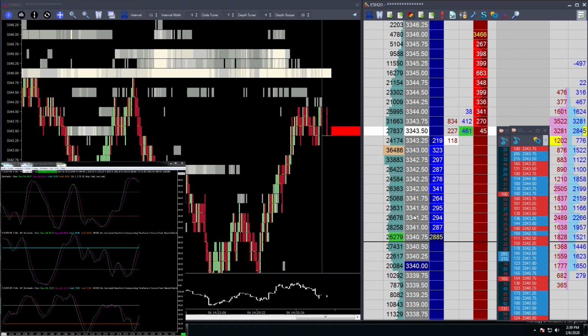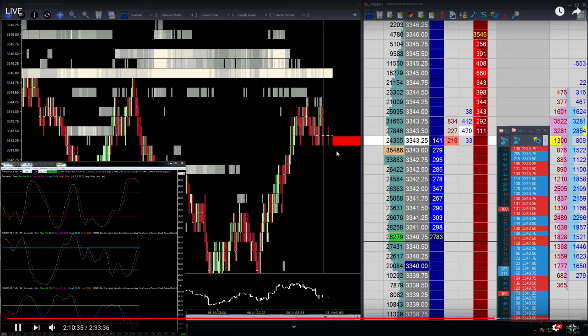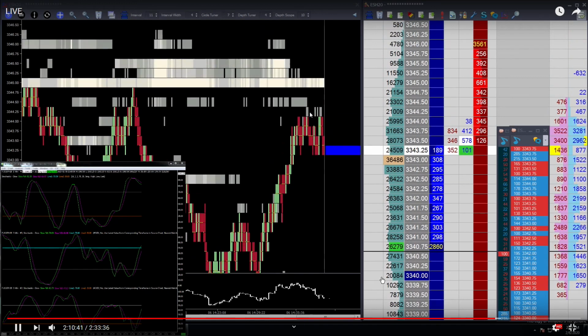I do want you guys to see what happens when we break out of this little range, though. So we're going to test either up here by 1 tick or down here by 1 tick, and it should, in theory, do that 80% probability thing where it tests the other side.